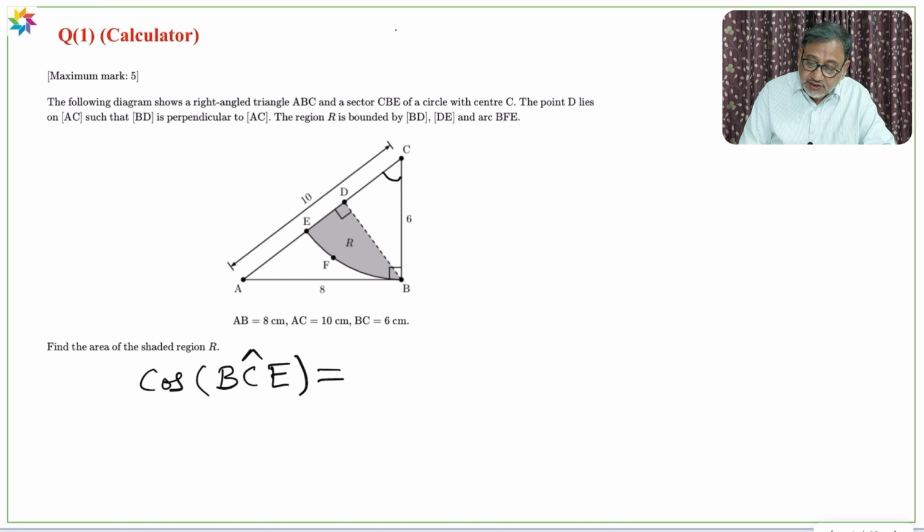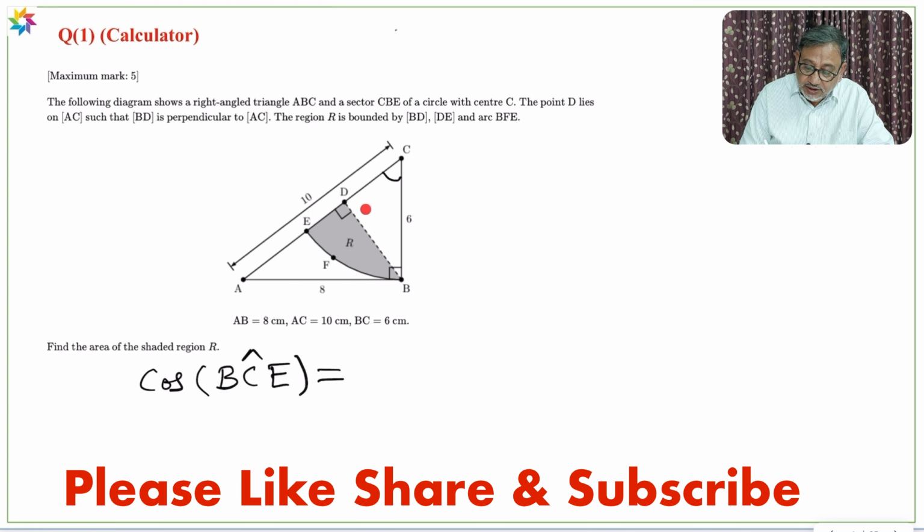Cos of BCE will be base upon hypotenuse. So base is 6, hypotenuse is what? Cos of BCE in this triangle. In this triangle actually, this side is 6 and this side is 10.